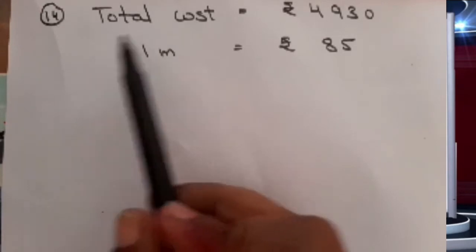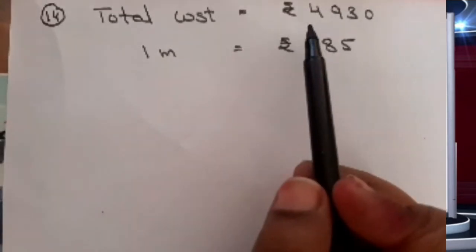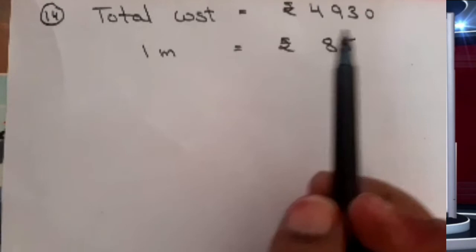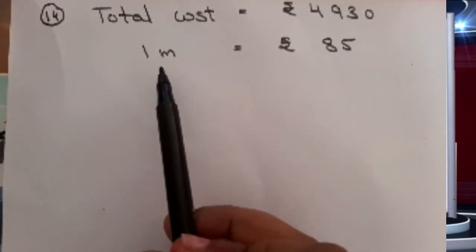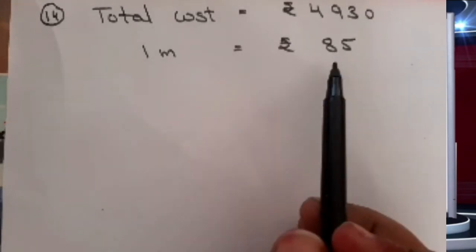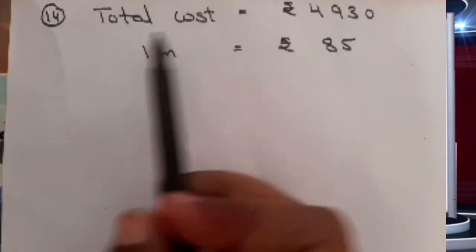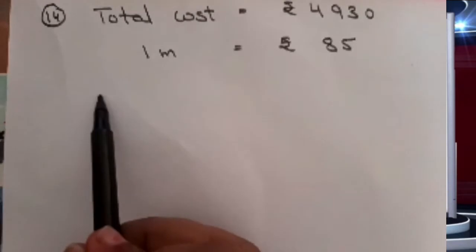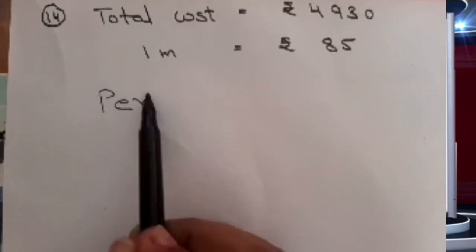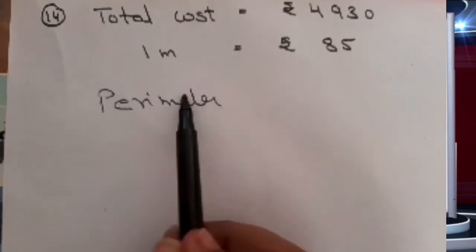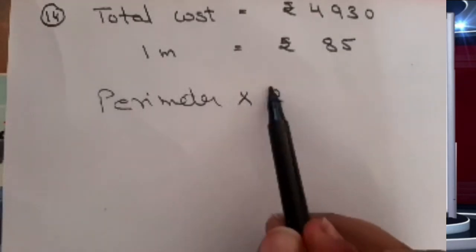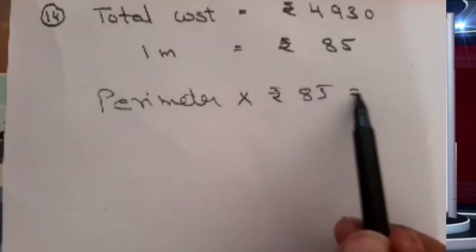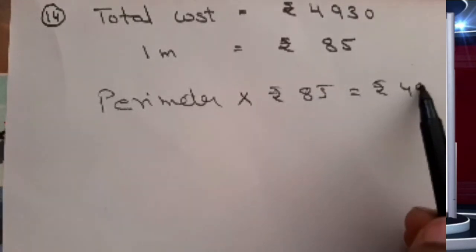See students, here the total cost of fencing is given as rupees 4930, and the rate of fencing is given as rupees 85 per meter. That is, for 1 meter it is rupees 85. The total cost is for the whole perimeter, so perimeter into rupees 85 will give you the total cost, that is rupees 4930.